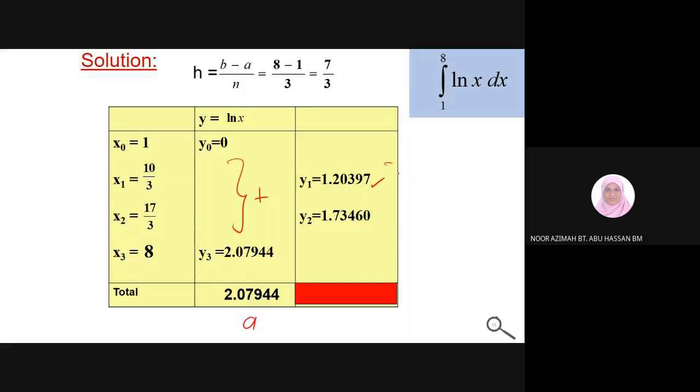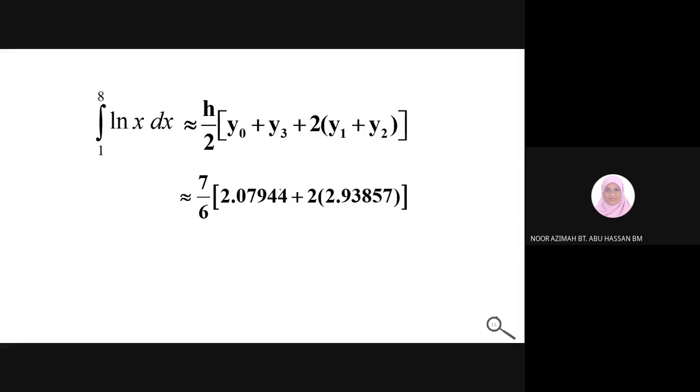Dan jumlahkan dua bahagian ni pula as part B kita. Okay. Yang finally masuk dalam formula lah. Okay, ini part A tambah ni part B. 2 kali part B. Okay. Final answer. 4 decimal places.